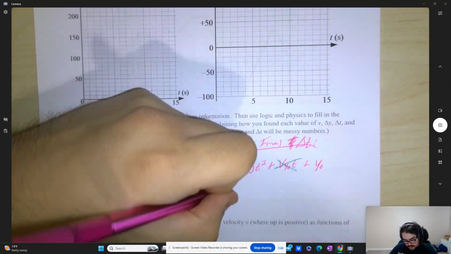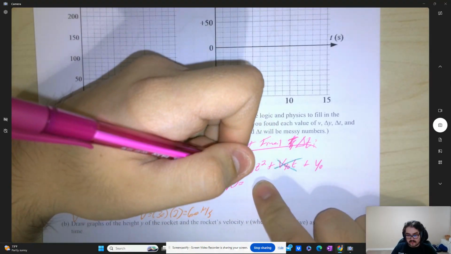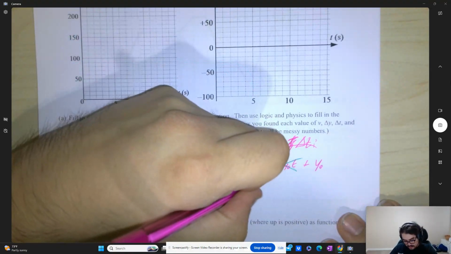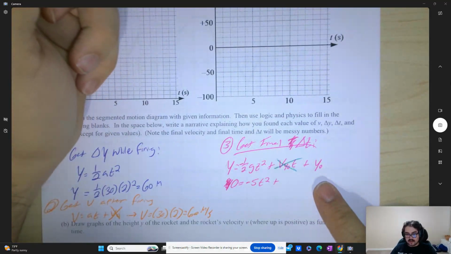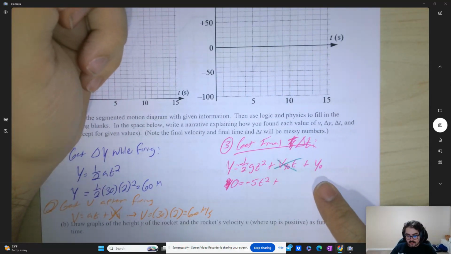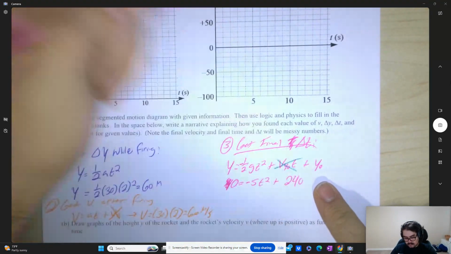Plug all the numbers in. Our final height should be 0 equals negative 5 t squared plus y naught, our initial height, which is just going to be the 240.